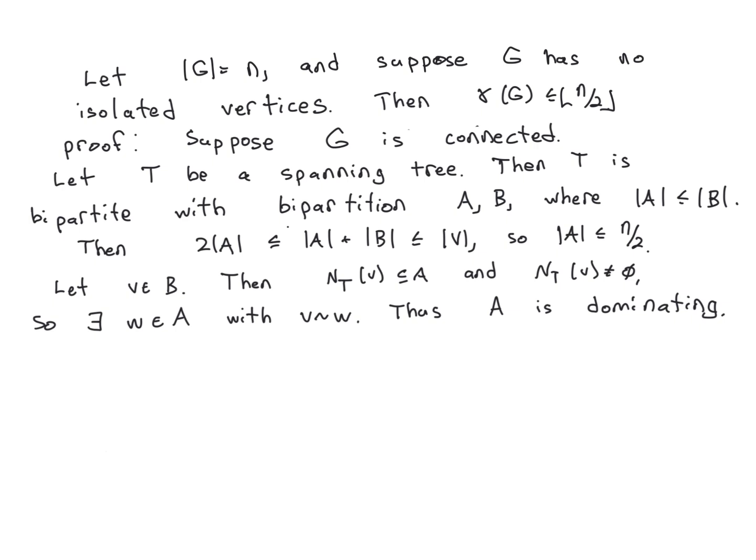And since it's bipartite, every vertex's neighbors are in the other set. So the neighborhood of V in T is a subset of A. In particular, since we know the neighborhood is not empty, there is a vertex in A that's adjacent to V. So this means we found a dominating set. And so now we found at least one way to find a dominating set of this size.